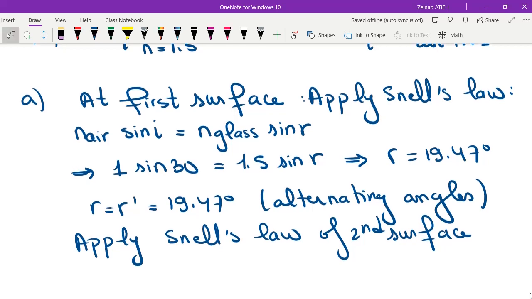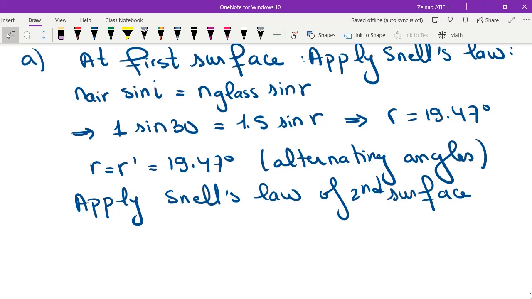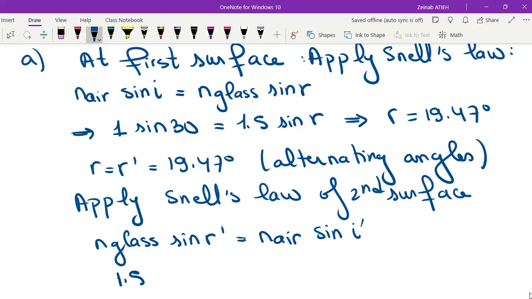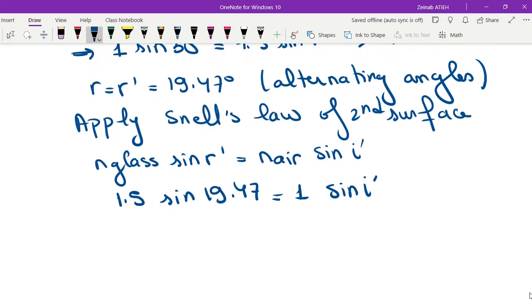We are going from glass to air, so n glass times sin R prime equals n air sin I prime. With glass 1.5 times sin 19.47 equals 1 times sin I prime. I am looking for I prime, the angle of emergence from the second surface. I prime comes out equal to 30, the same as the original angle of incidence I, because we went air to glass, then glass to air. If it were air, glass, then oil, the angle of emergence would differ, but here it is the same because I have a parallel plate and went air, glass, air.